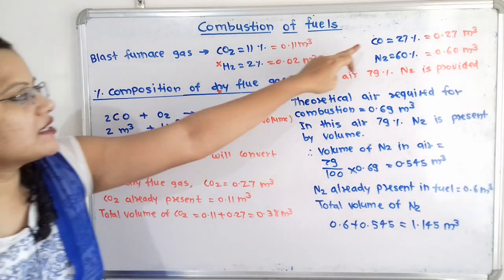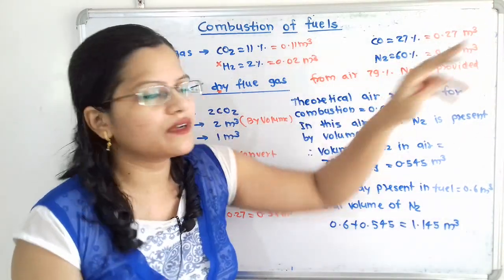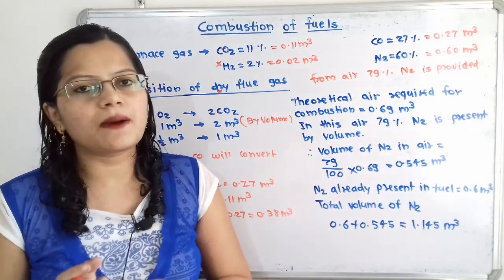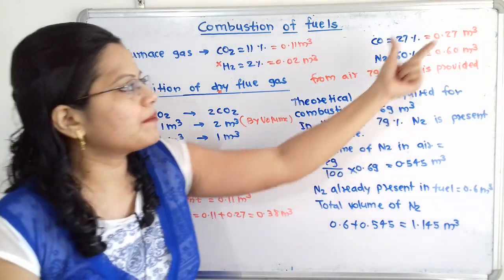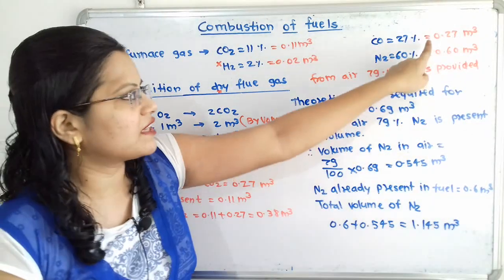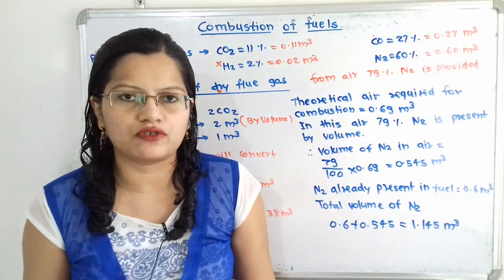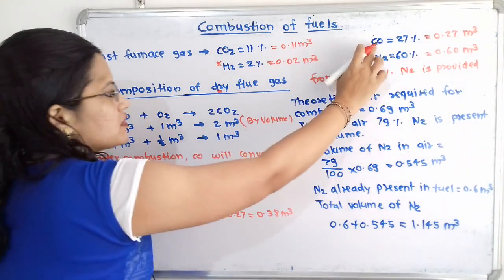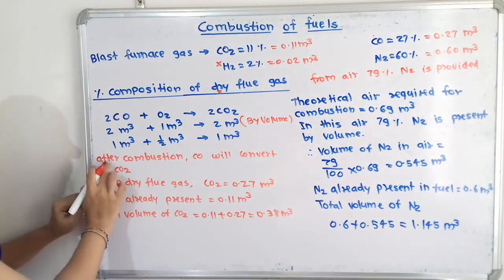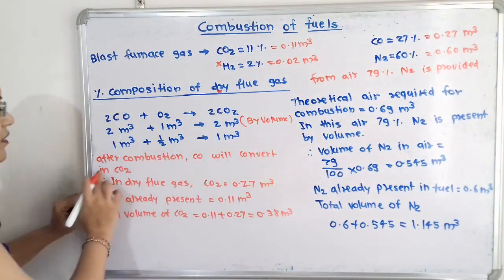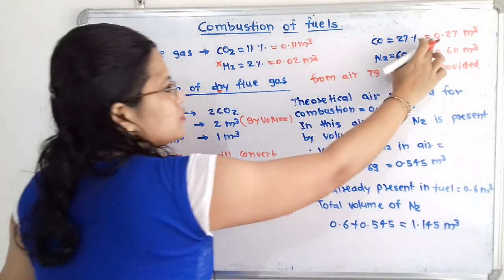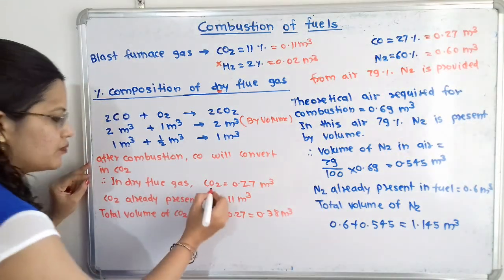So here when 0.27 meter cube of carbon monoxide burns, then after combustion it will generate the same amount of carbon dioxide, that is 0.27 meter cube. So what is the amount of carbon dioxide after combustion? We will write here, after combustion CO will convert into CO2, and in dry flue gas CO2 is equal to 0.27 meter cube.